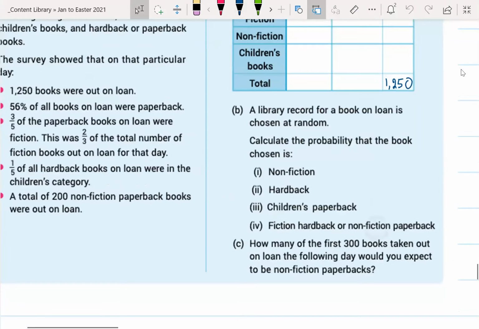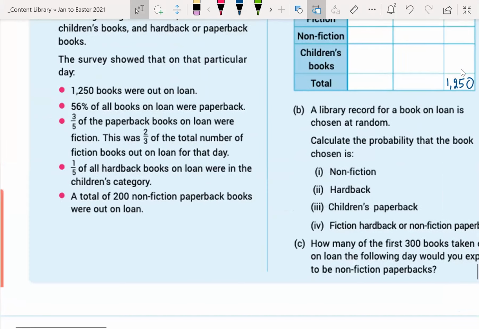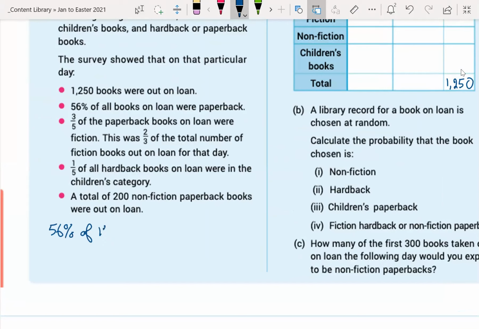Okay, what's the next thing? 56% of all books on loan were paperback. Well, because we know maths and we're good at maths, we can get 56% of the total number of books. So that's 0.56, of course, 'of' means multiply, as I always say.